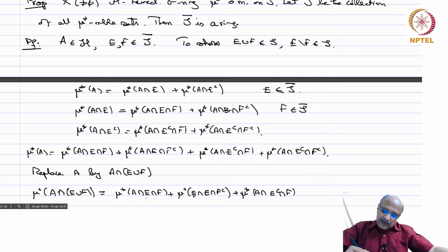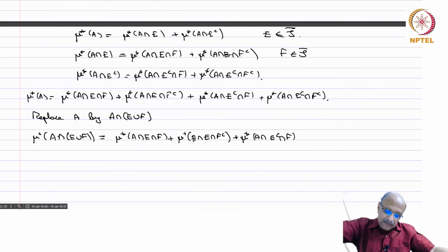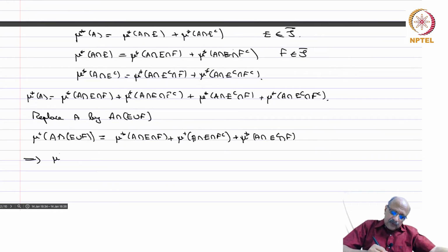So now you see that these three terms here are precisely the first three terms here, and consequently mu star of A is mu star of A intersection E union F plus mu star of A intersection E complement intersection F complement.